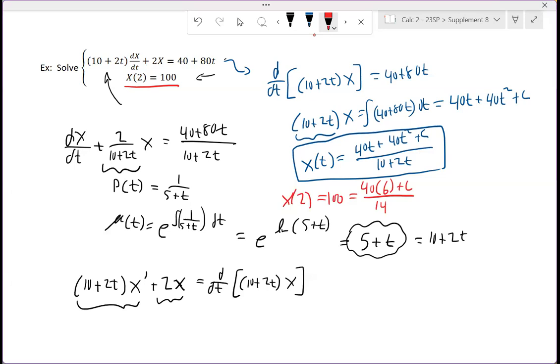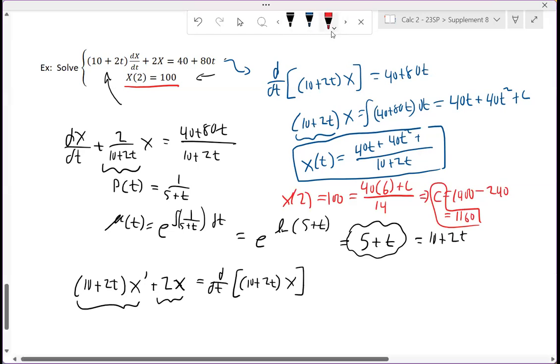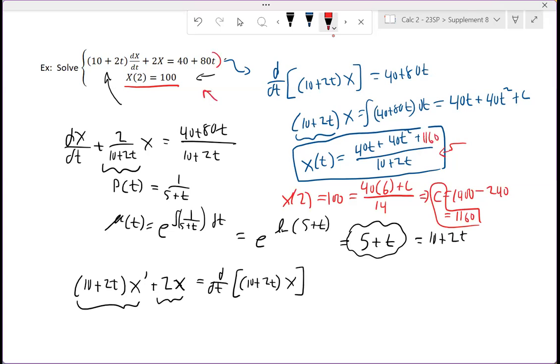So I get 1400 minus 240. So I think c should be 1160. So I'll cheat and just erase and write 1160 in there. And now this is the solution to the full initial value problem. That function satisfies the differential equation as well as that initial condition.